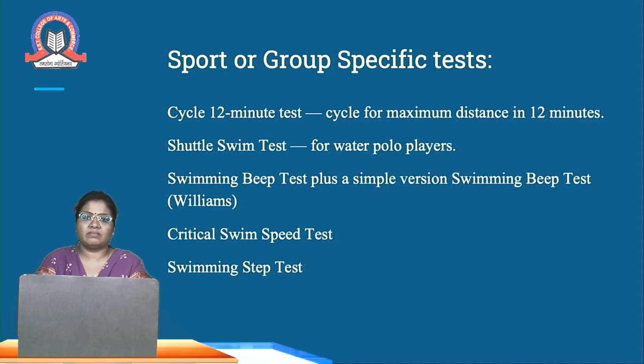So that is one of the tests to find cardiovascular endurance. Critical swim speed test and swimming step test. For those who are swimming continuously, there are different types of tests to know how much their cardiovascular endurance has improved after their swimming.